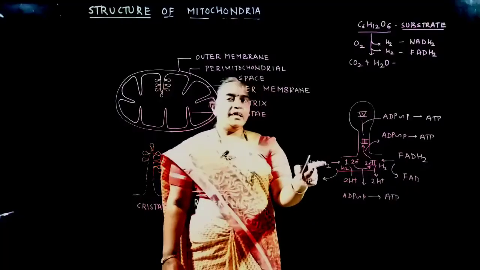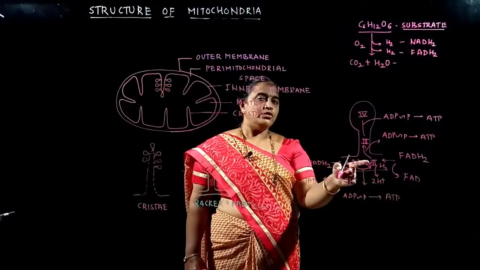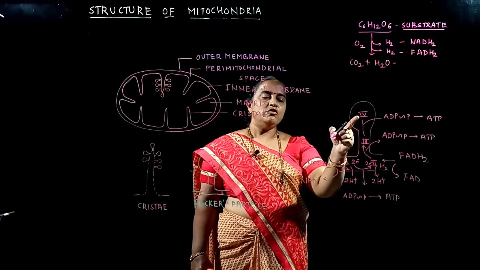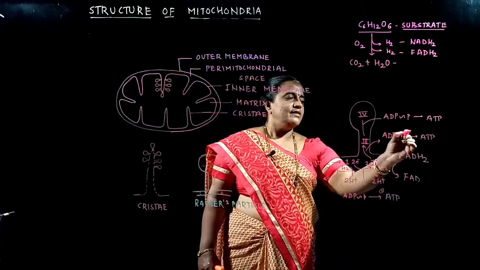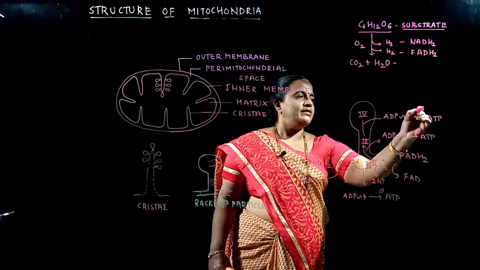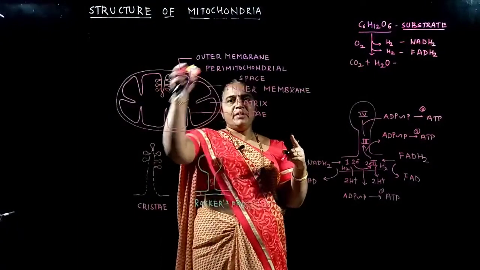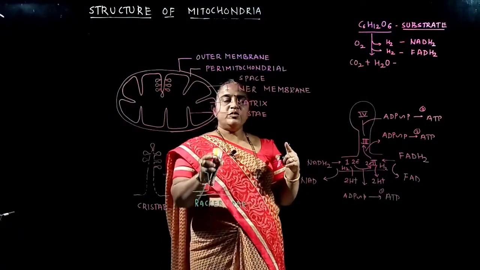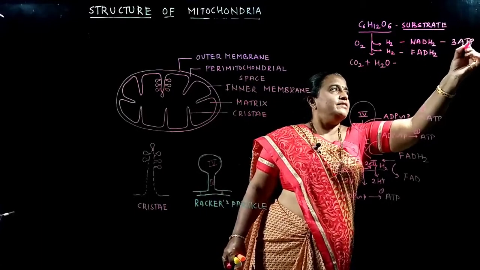So the electron pair transferred from complex 1 to 2, 2 to 3, 3 to 4 generates the first ATP, second ATP and third ATP. So NADH2, after entering mitochondria and moving through Racker's particle, yields 3 ATP molecules.